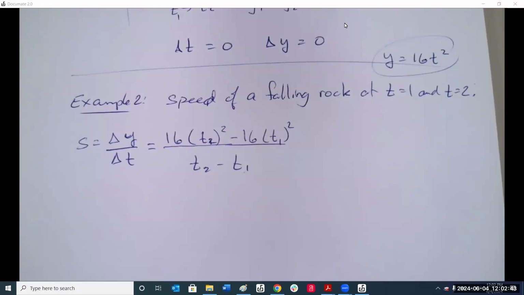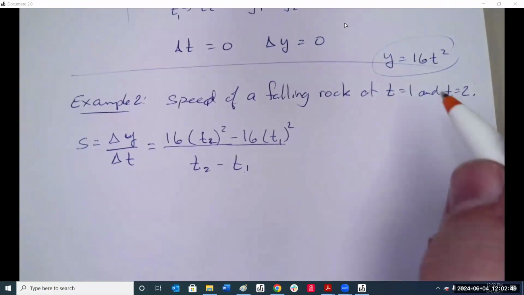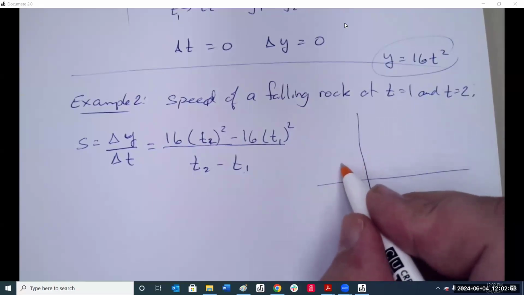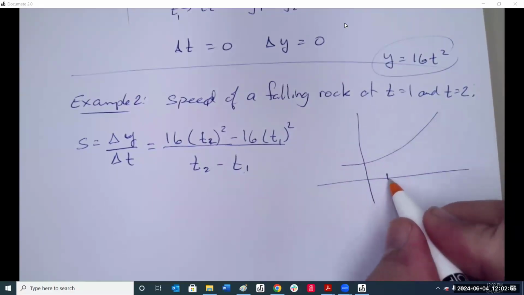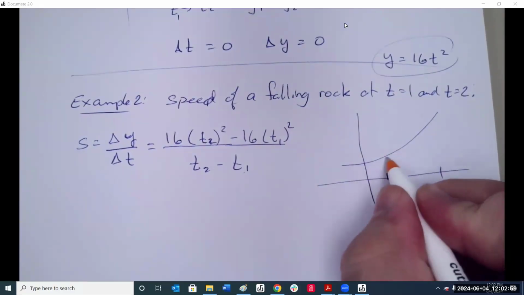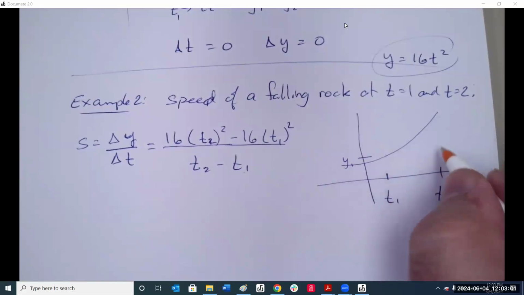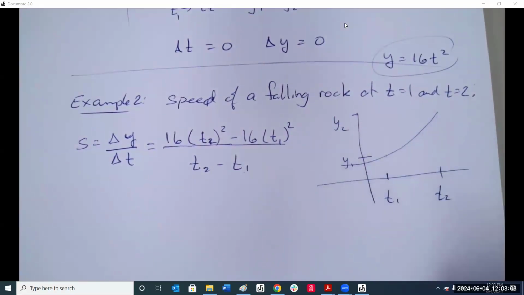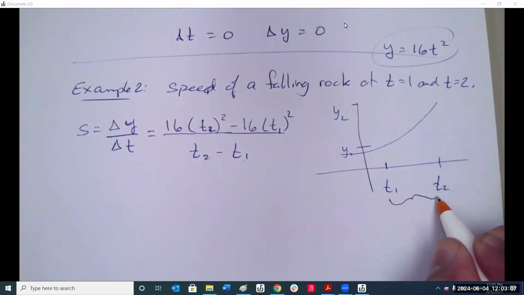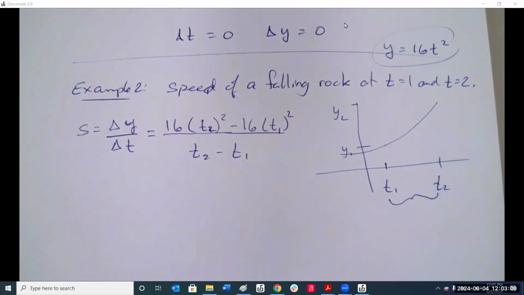How are T1 and T2 related? T1, T2, Y1, Y2. What is the distance between T1 and T2?